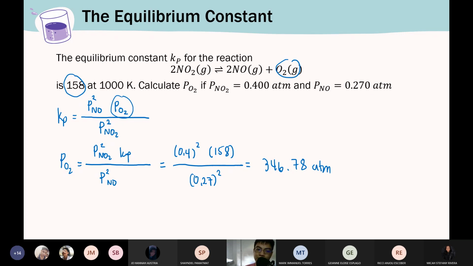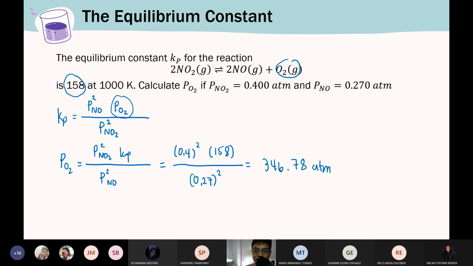Nagme-make sense ba na malaki din yung concentration ng product? The answer is yes. Because remember, sabi natin, kapag K is greater than 1, it means sobrang daming products talaga. It just so happened na yung ating amount ng product ay nakalula. 346 atm. Pero nagme-make sense siya.